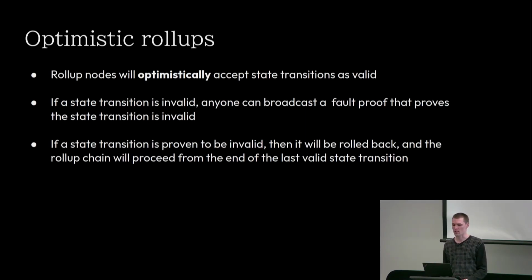And if a state transition is invalid, then anyone can broadcast a fault proof that proves that the state transition is invalid. And if a state transition is proven to be invalid, then it will be rolled back, and the rollup chain will proceed from the end of the last state transition.